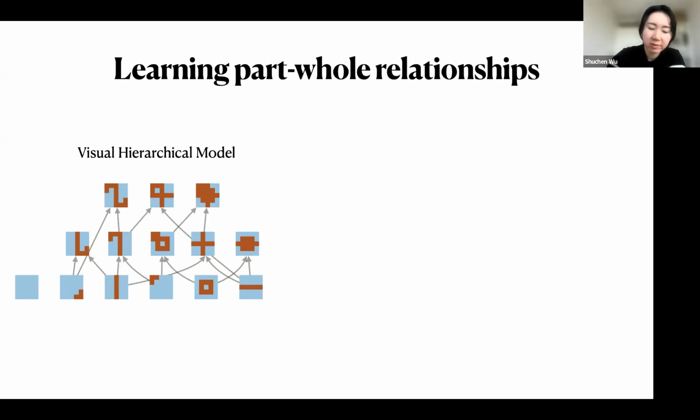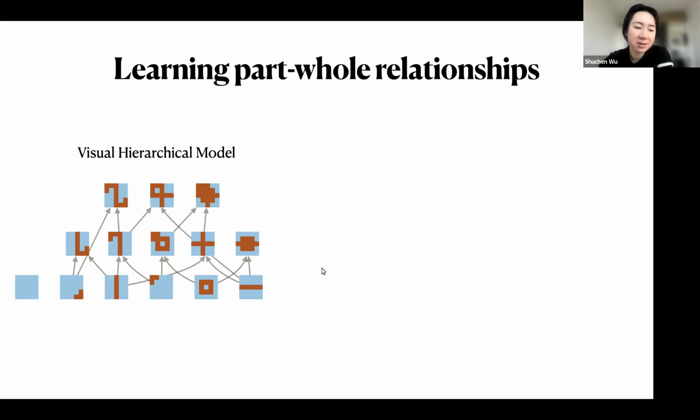I will explain this. This is one experiment we use to see whether this kind of learning principle resembles spatial relationships. This visual hierarchical model is also a generative model, so you use samples from this model to generate the sequence.